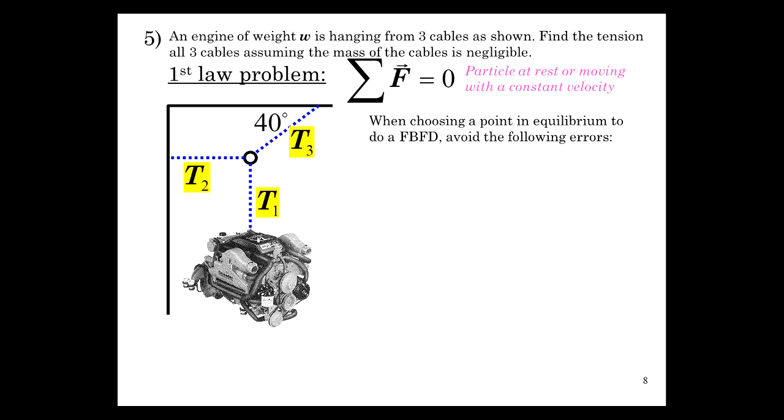Now, when you're going to choose a point that's in equilibrium to do a free body force diagram, you're usually doing it on an object, right? But avoid the following problems. You may ask, what are we really applying the forces to here?